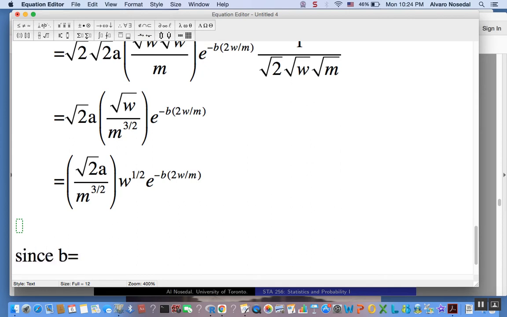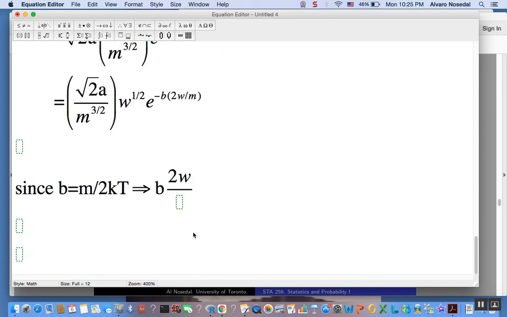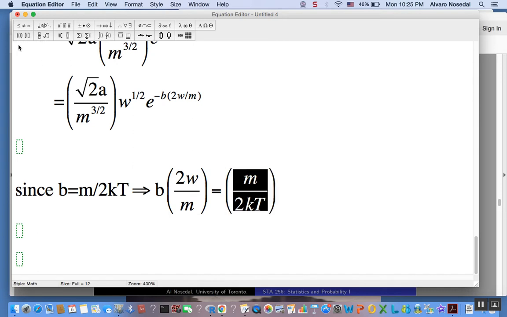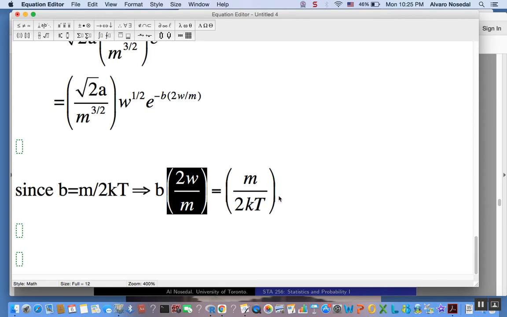since b equals m divided by 2 times kt, right, then what we're going to have is that b times 2w divided by m is the same as that constant we had there, m divided by 2 times k times t, times this 2w divided by m.